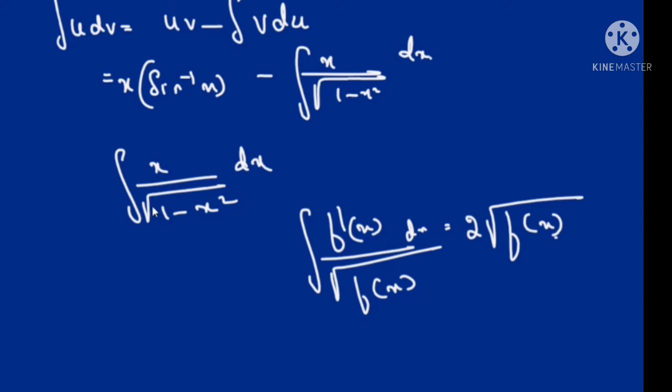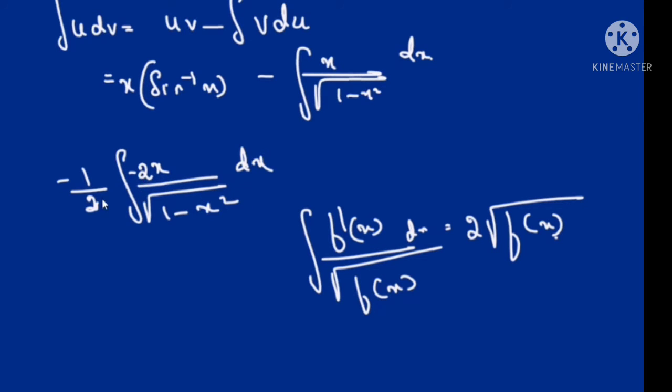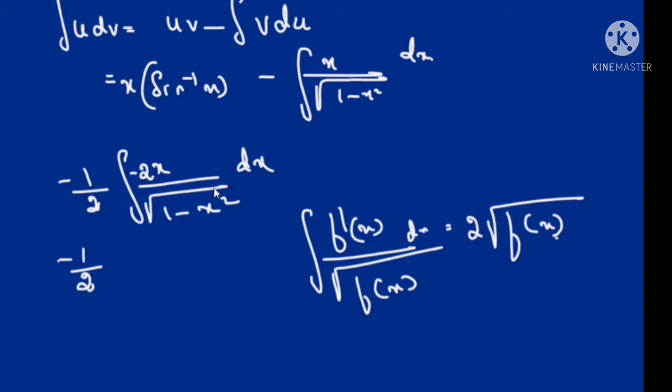Minus x square, so minus 2x, the minus 2 is missing. So let us multiply by minus 2, the x is there, minus 2x is not there, so multiply and divide by minus 2. So we get now minus 1 by 2. You have the derivative of the denominator in the numerator and there is a root in the denominator. Then it is nothing but 2 times the root of the denominator. You can use the substitution method.